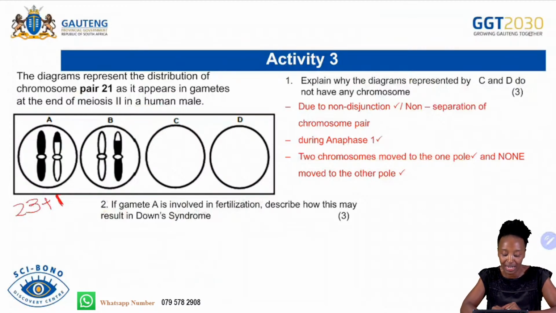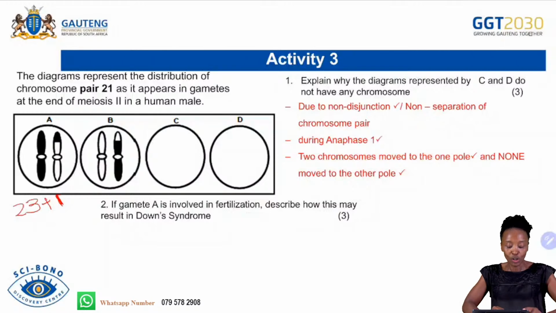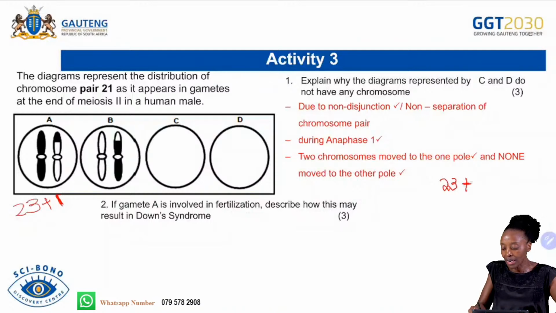So if gamete A is involved in fertilization, describe how this may result in Down syndrome. So we have gamete A, I'm going to write this side. We have gamete A, which is 23 plus an extra copy. And then if gamete A fuses with a normal gamete that has how many? 23.